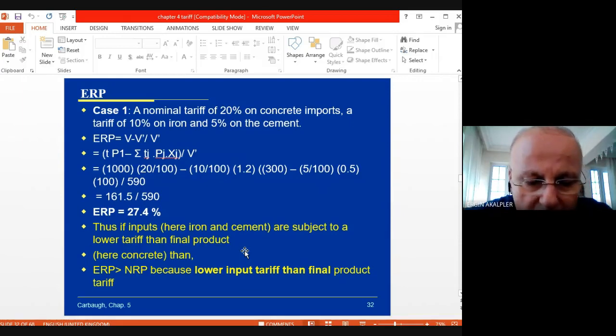In short, the effective rate of protection is higher than the nominal rate of protection, because a lower input tariff than the final product tariff creates disadvantages. Due to this reason, in the first case we understand that the effective rate of protection will be observed if the nominal tariff is higher than the input tariff.